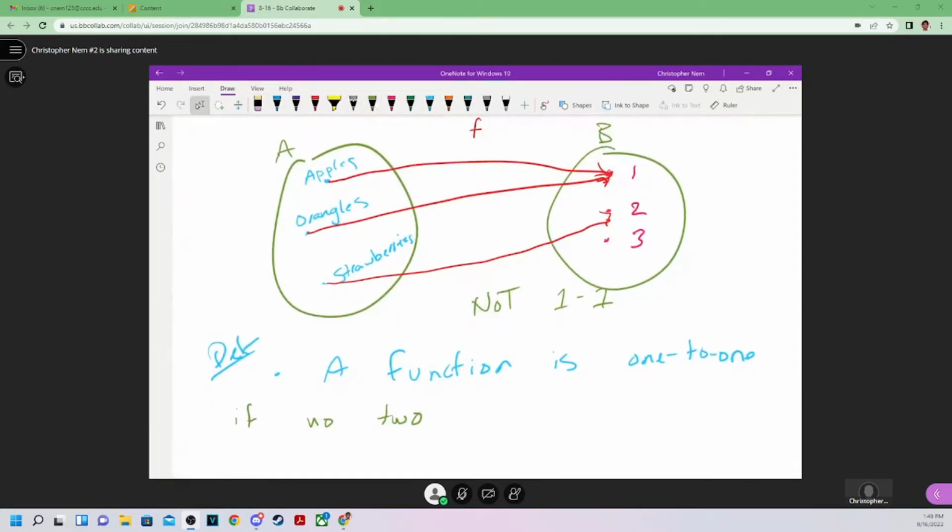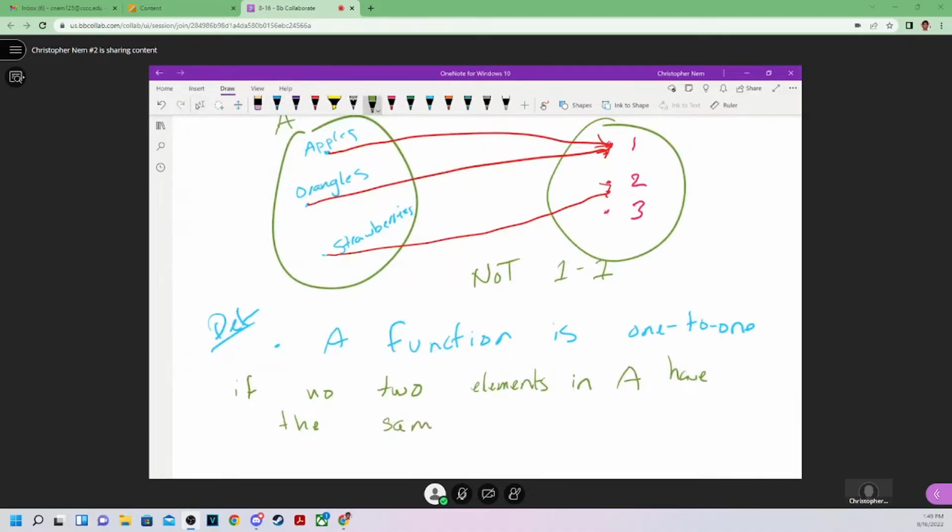A function is 1 to 1 if no two elements in A have the same image.